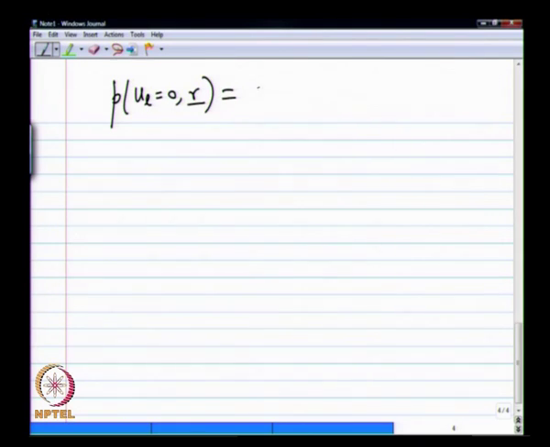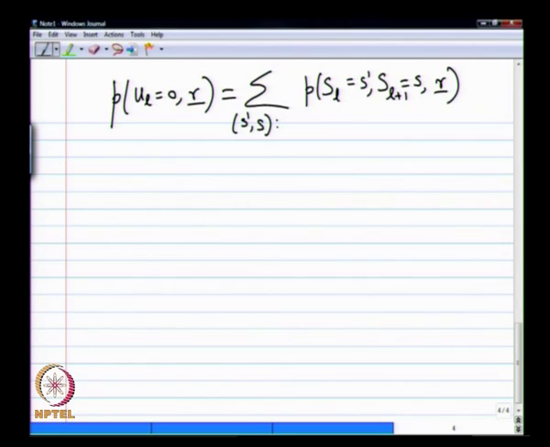This is the same as a summation over all states S prime comma S such that, let me write this here, the probability of SL equals S prime, SL plus 1 equals S, comma R. I want to break this expression up as a summation over possible states S prime comma S, where SL should be S prime and SL plus 1 should be S.